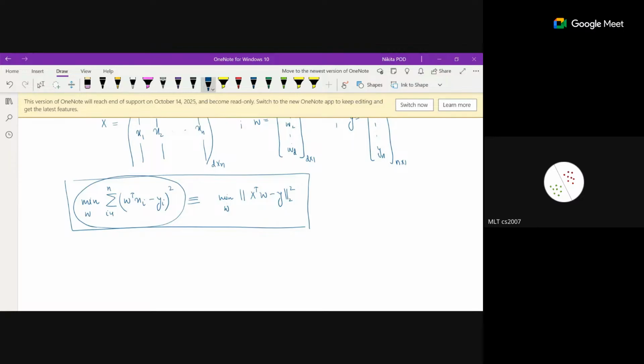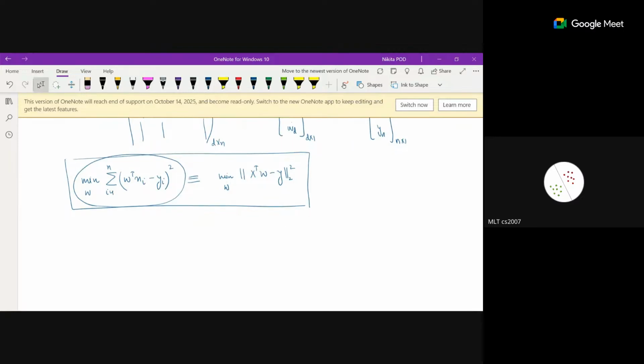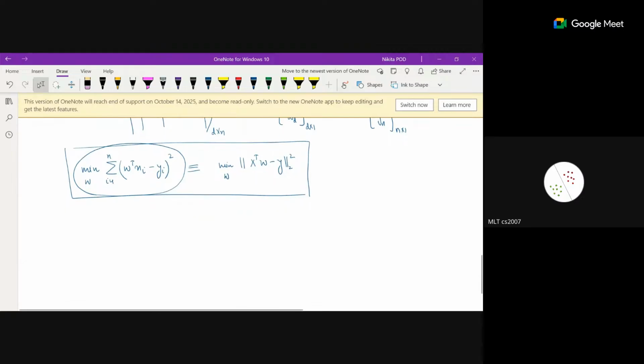So this is an unconstrained optimization problem, and we know how to solve it. So what do we do here? Anyone want to guess? Find the minima by differentiating. Yeah, find the derivative, and then we set it to 0 and we get our W from there.